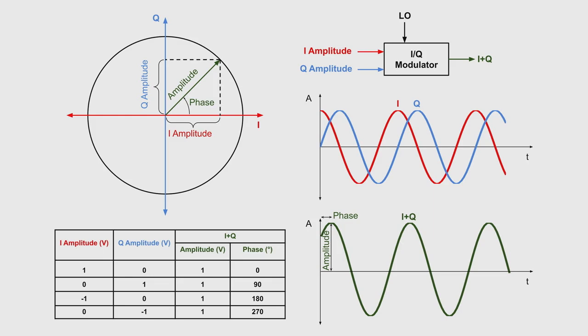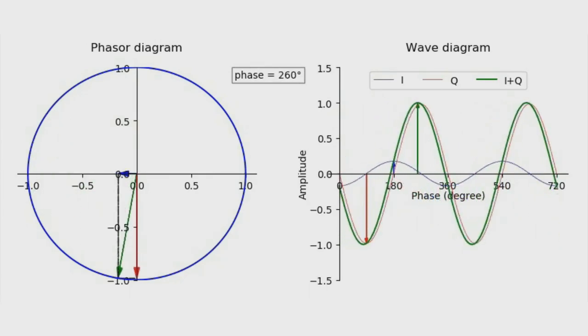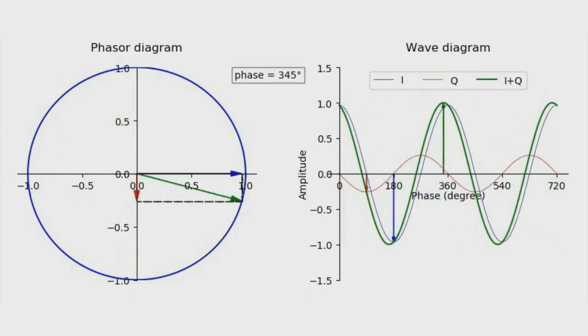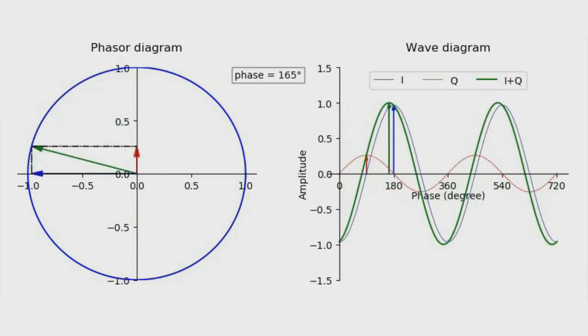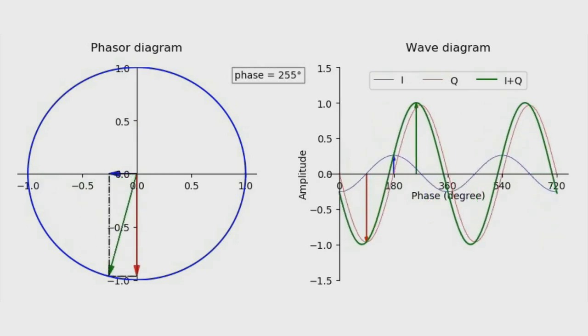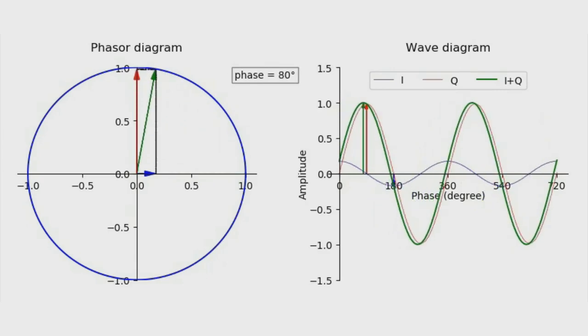If you take I and Q signals of equal amplitude and add them, the result is a sinusoidal with a phase that is exactly between the phase of the I signal and the phase of the Q signal. Single sideband has the mathematical form of quadrature amplitude modulation, or QAM, in the special case where one of the baseband waveforms is derived from the other instead of being an independent message.